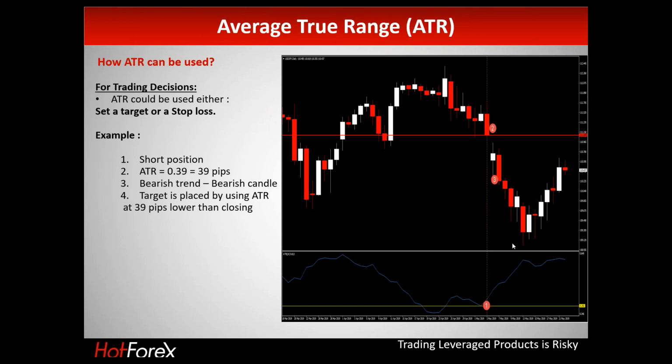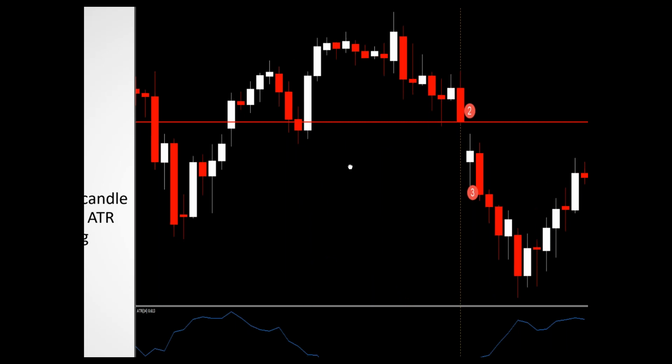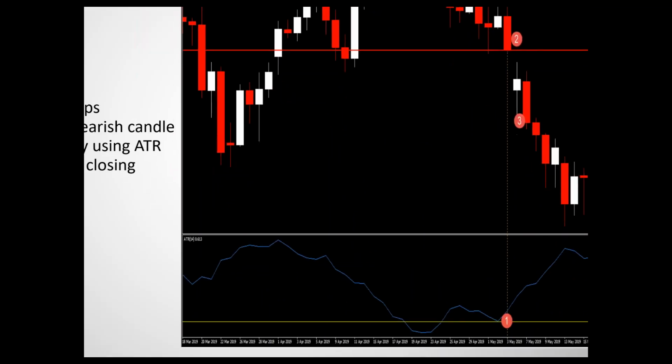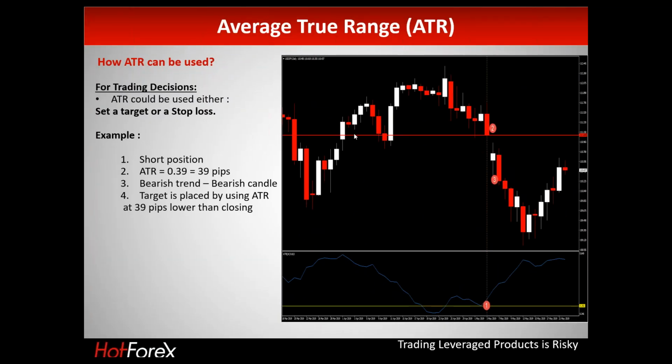First of all, I don't know whether I should zoom in a bit. We mentioned stop loss, target, and entry level. First of all, you need to know that it's mainly used in order to set your target and stop loss.